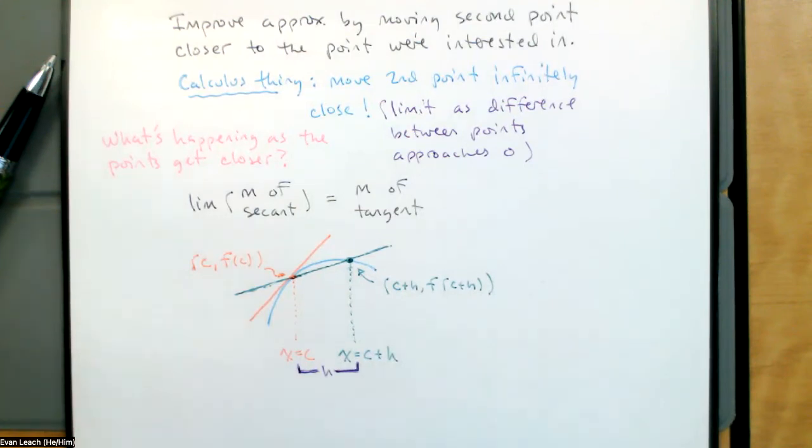So we've gone h units away horizontally from the point we're interested in, to this other point. Now we have 2 points, and so we calculate the slope, just like in the instructions.